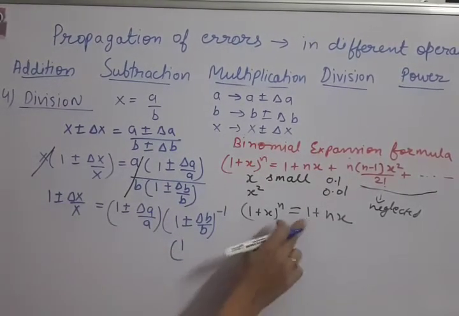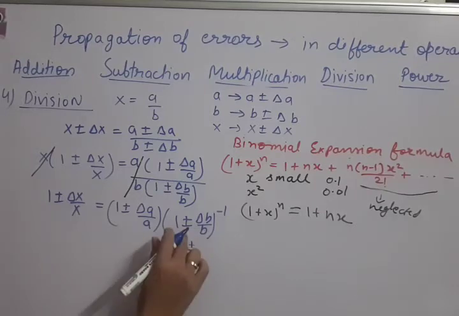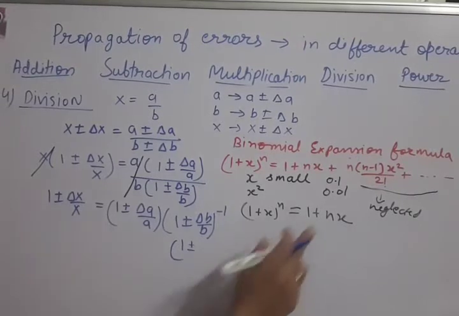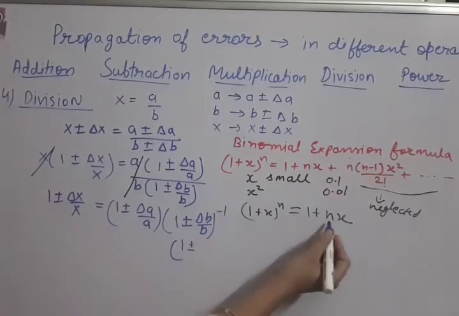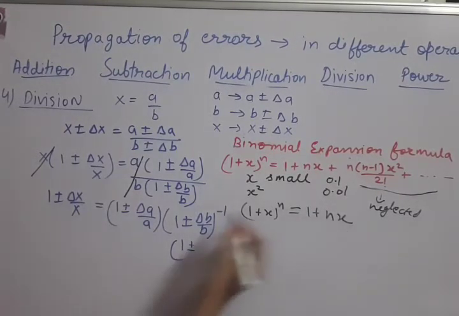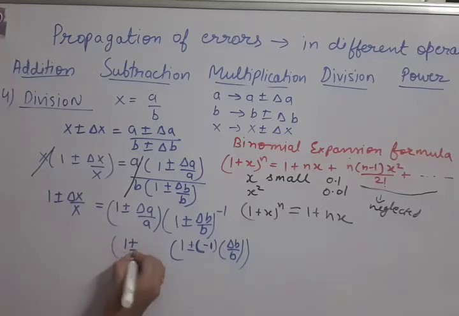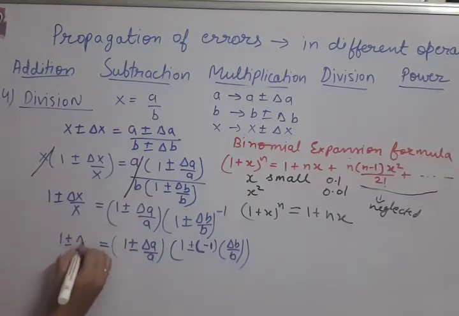So 1 plus minus, because we have plus minus here. n means the power, and x we have to multiply. n is minus 1 and x is delta b upon b term. This way we have solved the power term. Other terms are the same only. This is the same and this is also the same.